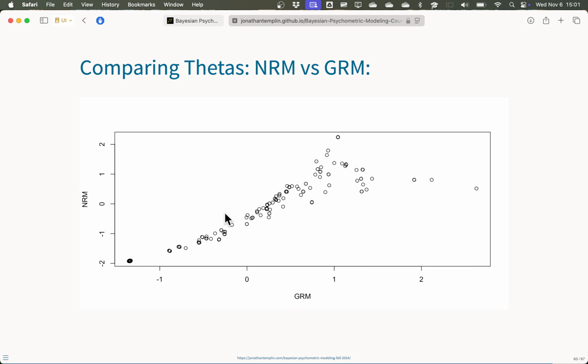We can also compare thetas with the graded response model. And this is the part that's super interesting to me. What is going on over here? There's not really a trend, and that's because our nominal response model is this different class of model. It's not assuming ordered categories. So if for some reason our item responses somehow switch the ordering in the nominal response model in terms of what's more likely given theta, you may get a theta trend like this, where it doesn't quite map onto the graded response model.